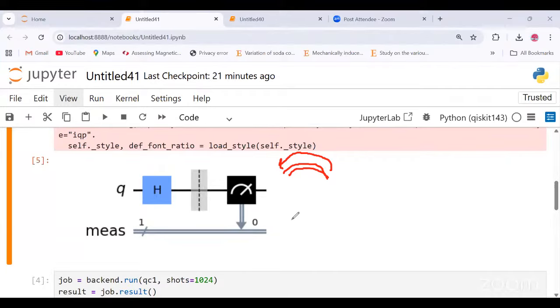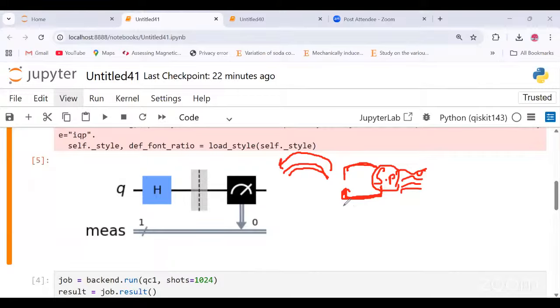So the Hadamard gate is converting one qubit to a superposition state, or a superposition state to one qubit. In the superposition state a lot of states are there, so this is probability based. There is a probability of which state will come at the output.